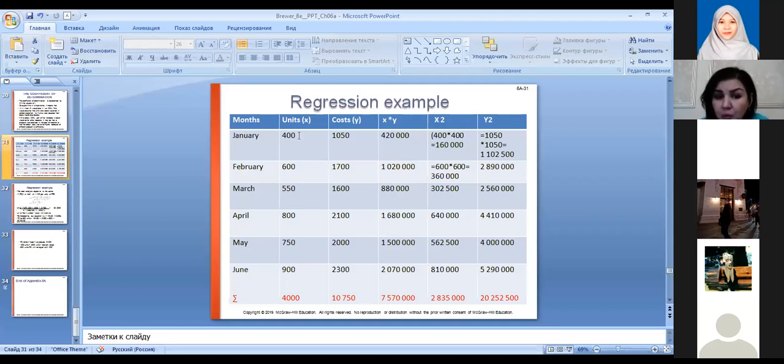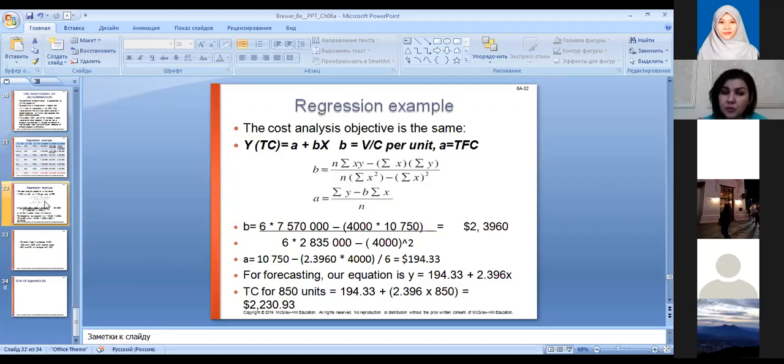Let's say from 400 till 900 units, fixed cost remains fixed. But if it exceeds 900 units, then fixed cost may change. So be careful when applying this high-low method or regression method. Fixed cost will be fixed only within the relevant range.